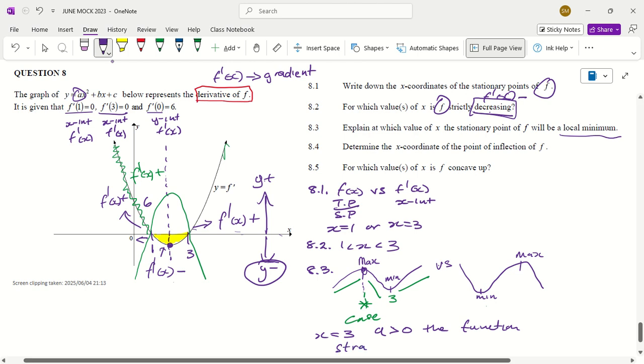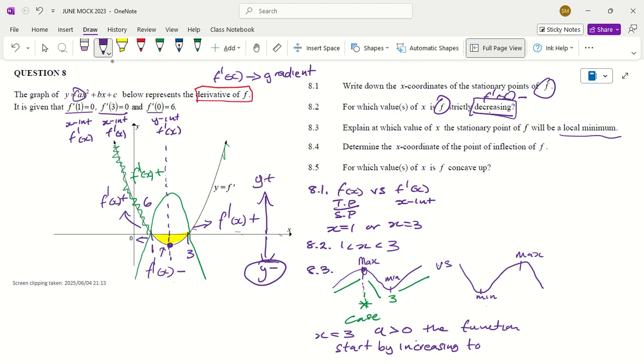starts by increasing towards the maximum.